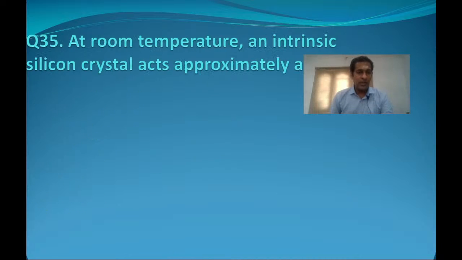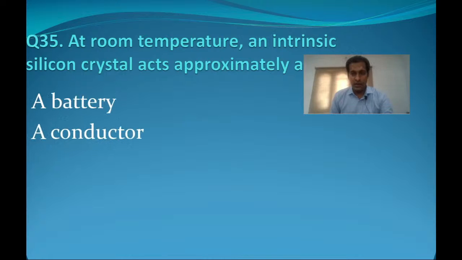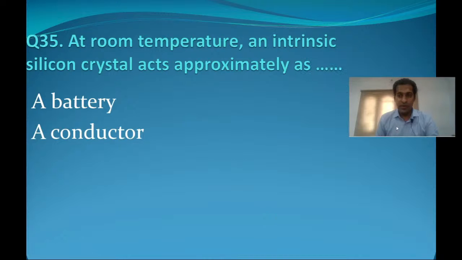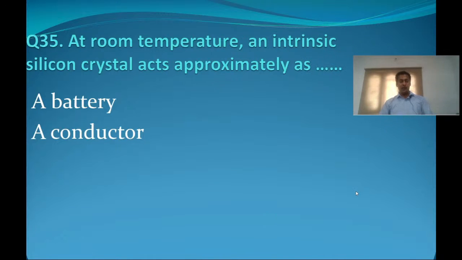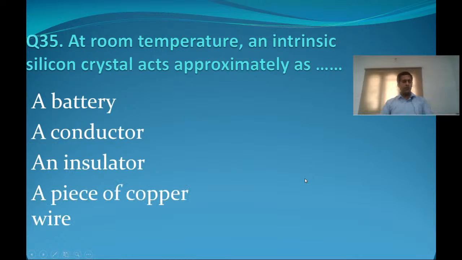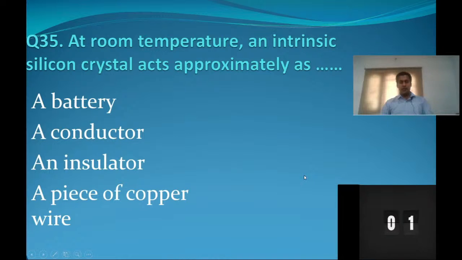The next question is, at room temperature, an intrinsic silicon crystal acts approximately as dash dash. So how does it approximately work? As a battery, or a conductor, or an insulator, or a piece of copper wire, which is again a conductor. So your time starts now.